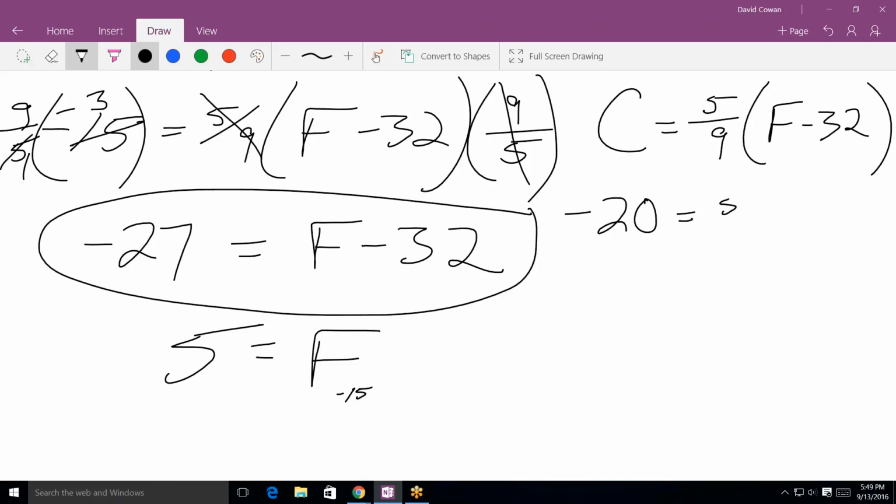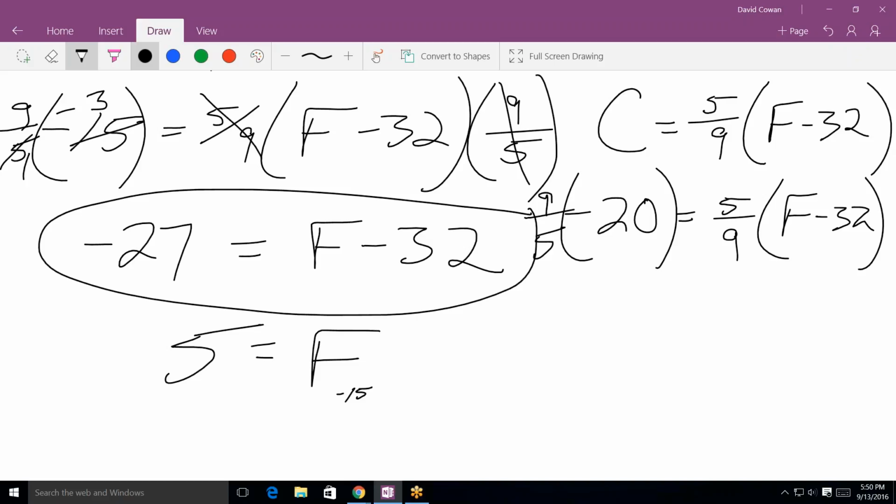I'm still going to leave it as an equation because all I'm attempting to do here is figure out what the equivalent Fahrenheit temperature is that agrees with these Celsius temperatures. Well, again, my best first step is to multiply by 9/5. So I'm going to multiply this side by 9/5 and this side by 9/5.